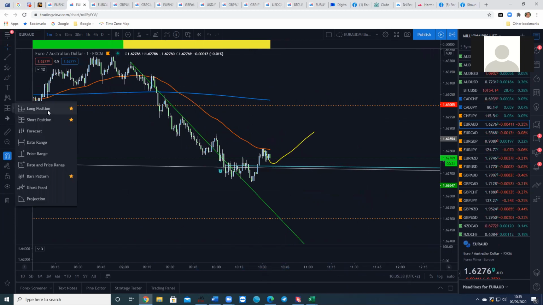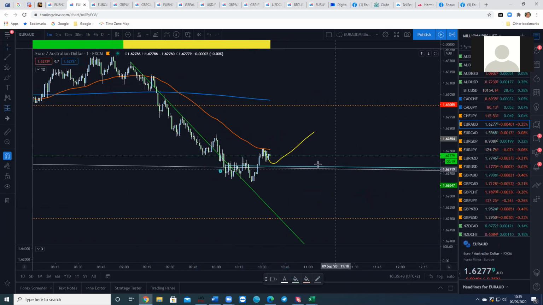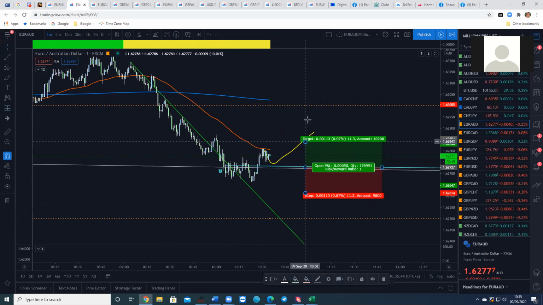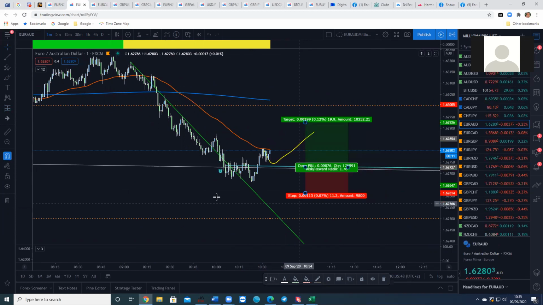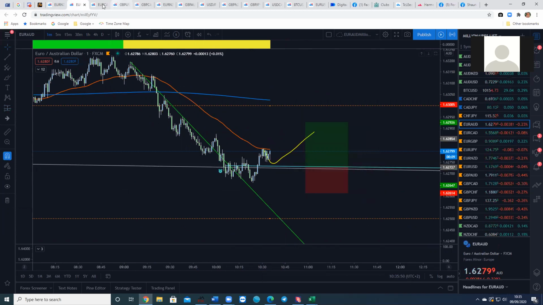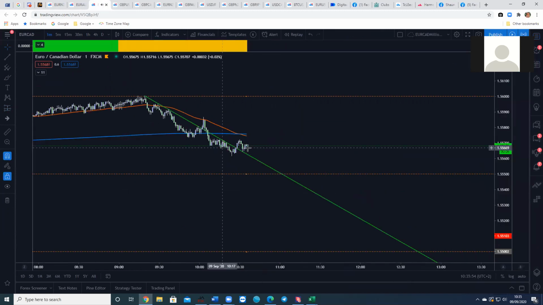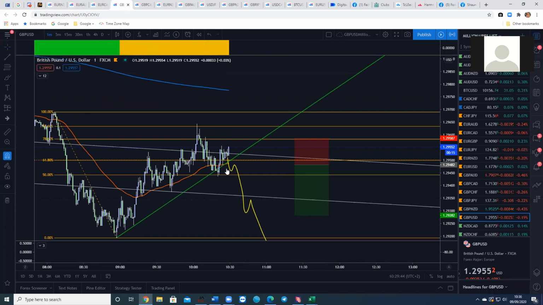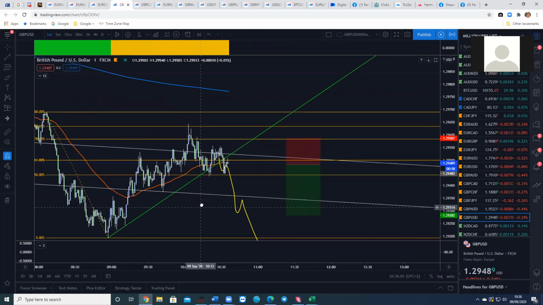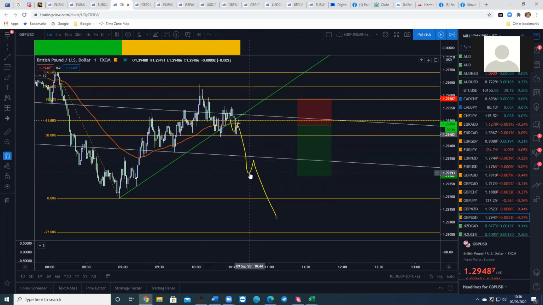So a little bit confusing this morning between the GBP and the euros. So Euro CAD stalling at that level, although the orange has crossed below the blue, but moving quite slowly. GBP USD, now that is coming down.